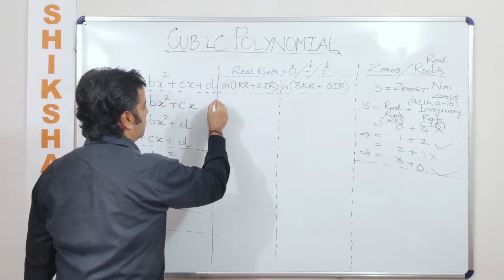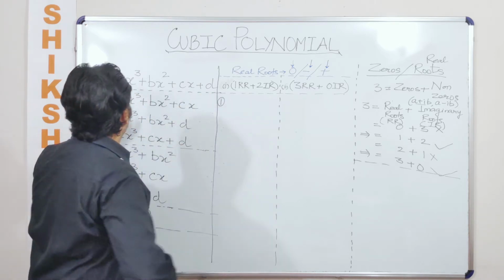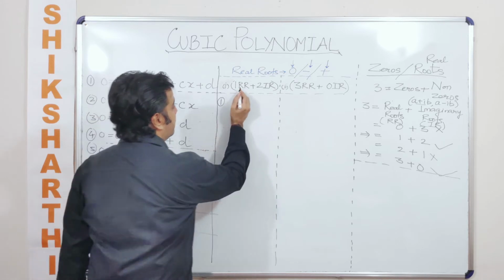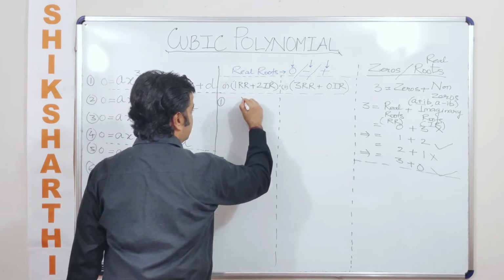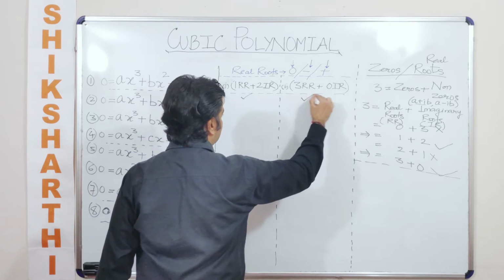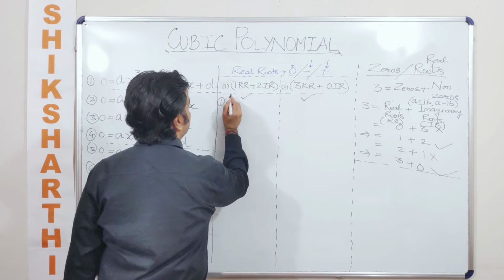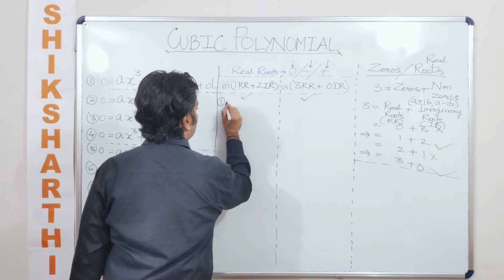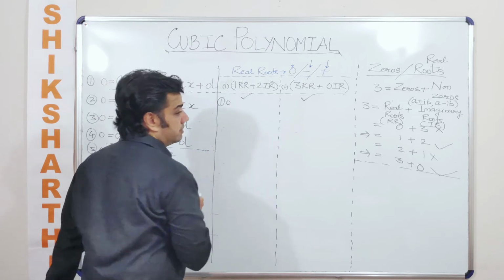So when I talk about 1, can I have one real root here? So now if I am having one real root here, this one, can I have this case? Yes. Can I have this case? Yes. I can have both the cases, but if I am having one real root here, this one real root may be either 0. Can I have a 0 real root here?